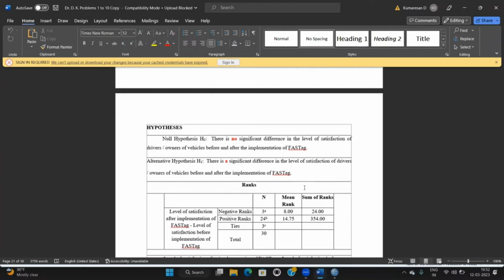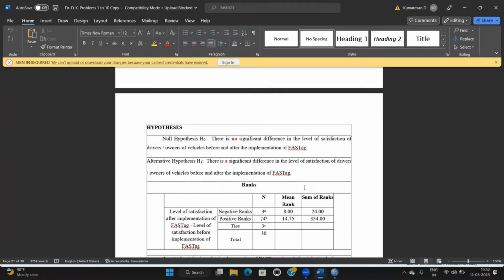In the case of one-way ANOVA and Kruskal-Wallis test, the number of samples is more than 2 and the number of data is 1. In the case of the paired sample t-test and Wilcoxon test, the number of samples is 1 and the number of data is 2.